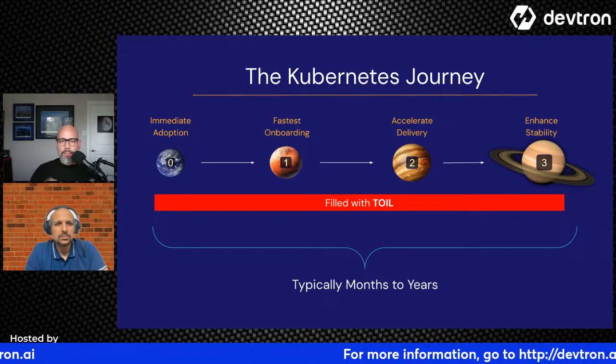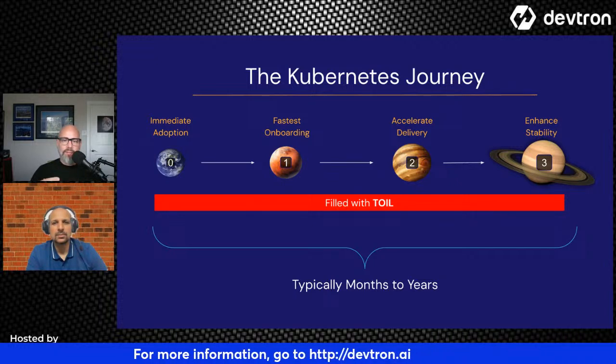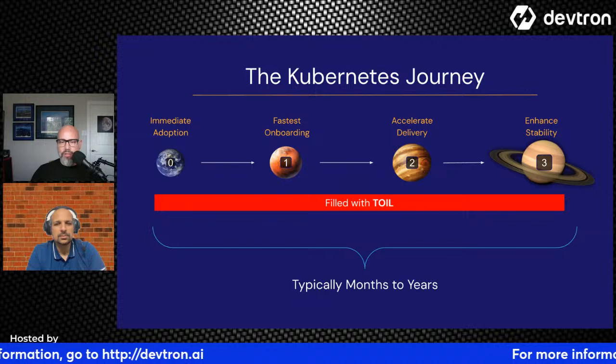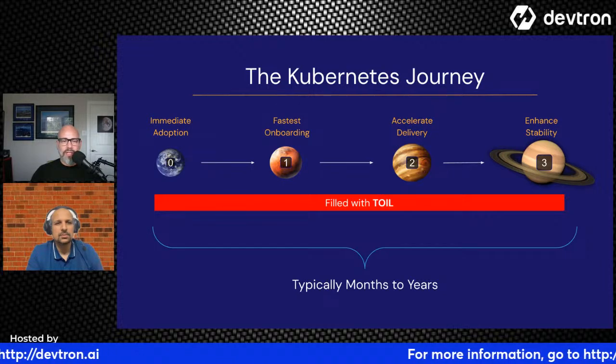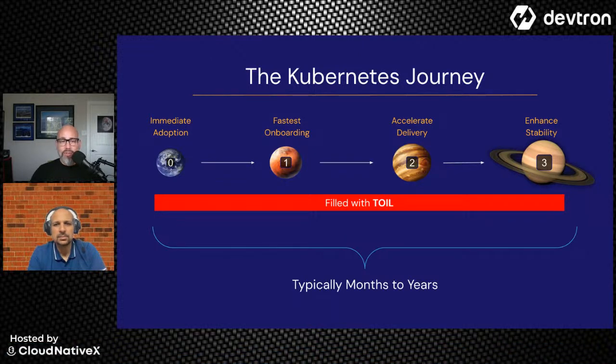Now, as companies build this out, typically there are still many steps here that are not automated. And so any of those steps that aren't automated, we consider toil. Those are things that could be automated, but you still have lots of manual process intervention that needs to occur. So for companies that are anywhere on this spectrum, even if you've been doing Kubernetes for a while, typically what we see is there's still a lot of toil involved in those processes.